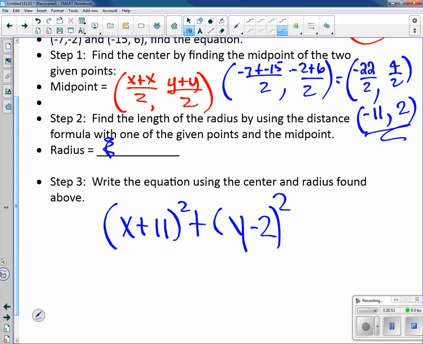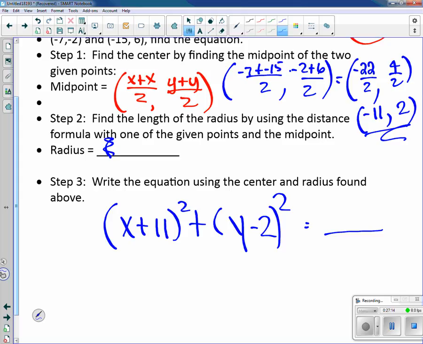Does everybody have that? Now, guess what? What are we missing? This little bit right here. So guess what we're going to do? Exactly what we did last time. We're going to take one of the ordered pairs. This time they gave us 2. It does not matter which.